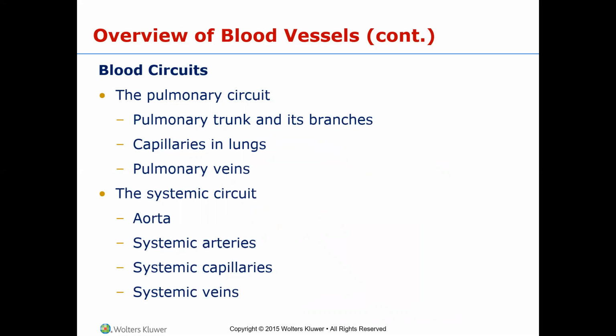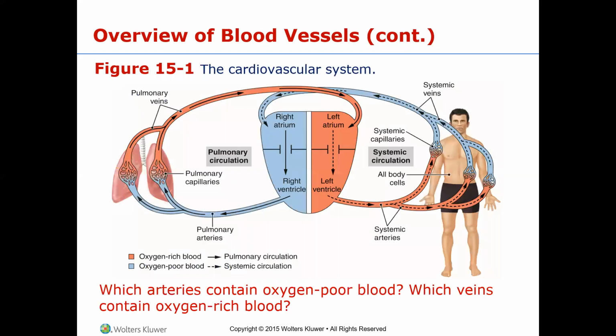Then we have the return of that oxygenated blood by means of the pulmonary veins back to the heart. If you go back and look, those pulmonary veins are carrying blood back to the left atrium, then to the left ventricle, and out to the system. That is oxygenated blood. Okay.